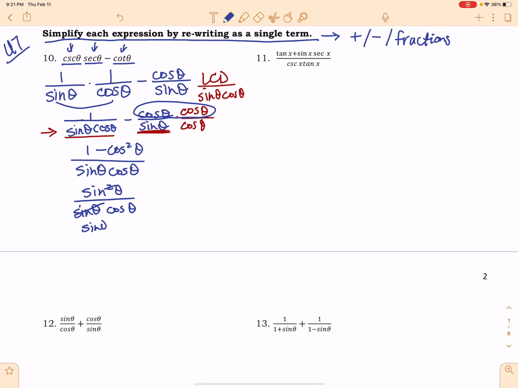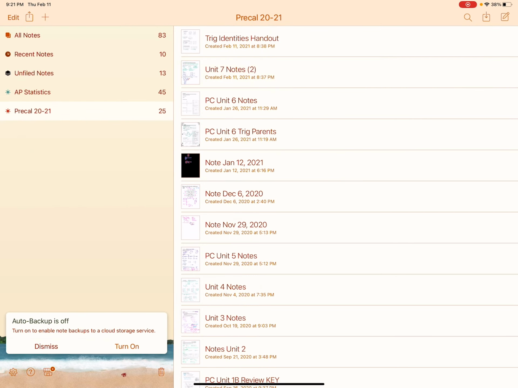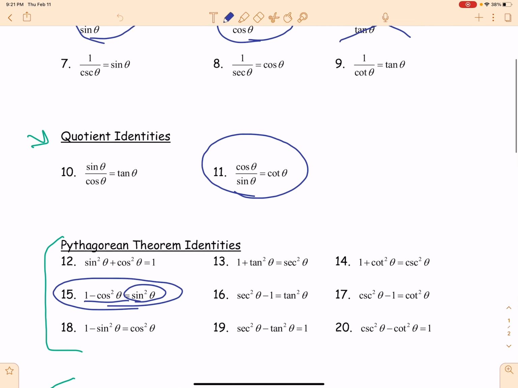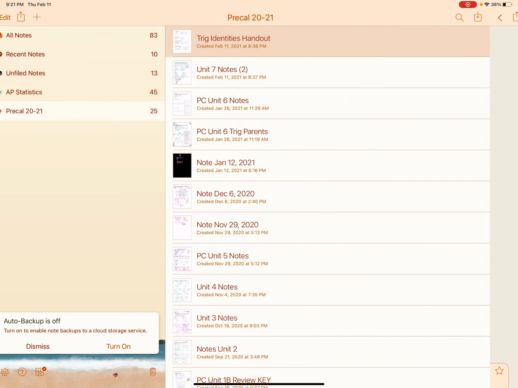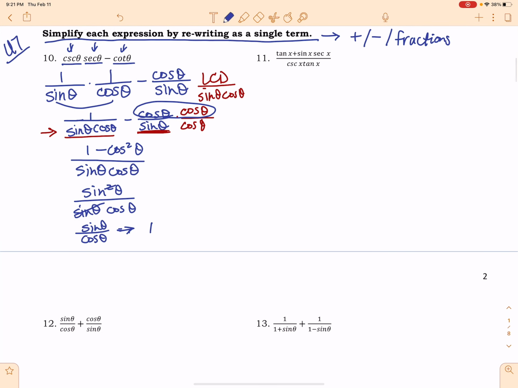So now I've got sine theta over cosine theta, which I can actually use another identity right there, my tangent theta. And look at that. Nice and tidy, one term, no fractions, no addition and subtraction. Beautiful.